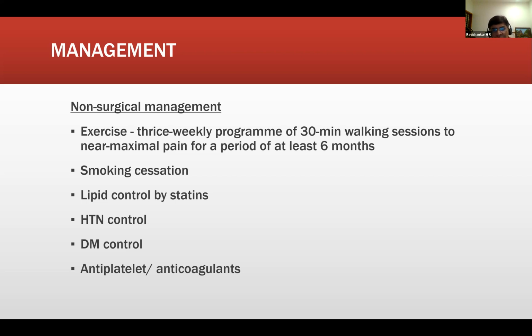Now come to statins. How do statins help? Yes, sir, it reduces atherosclerotic plaque formation, sir. No, it doesn't reduce the plaque formation. What does it do? It stabilizes it, sir.